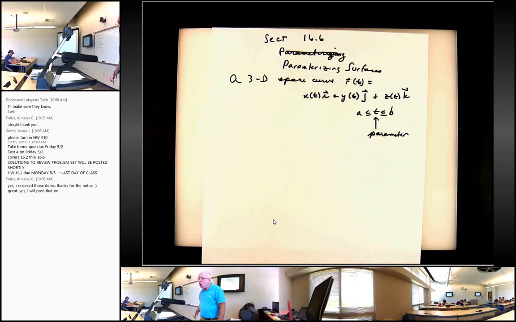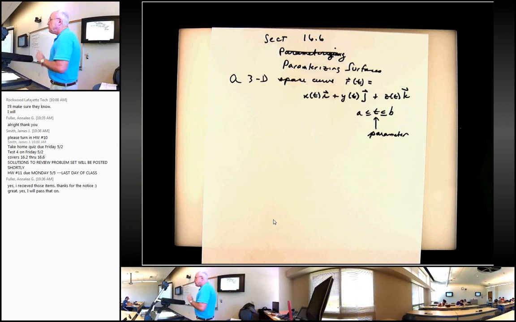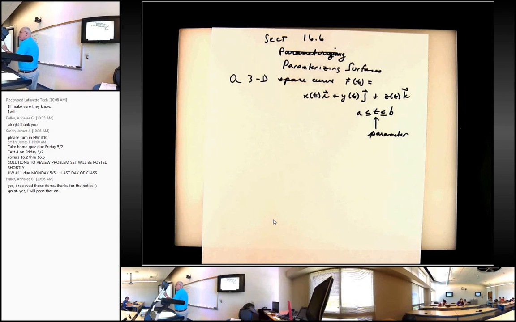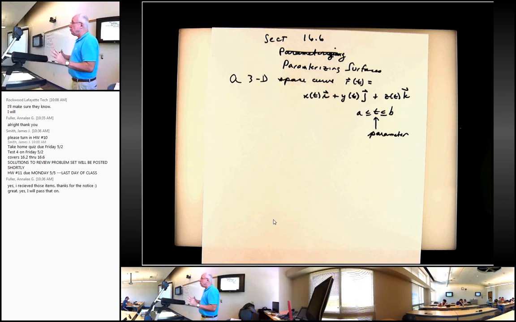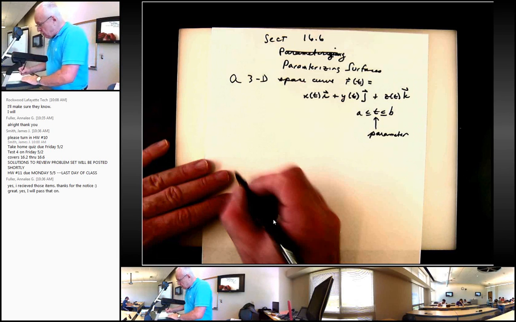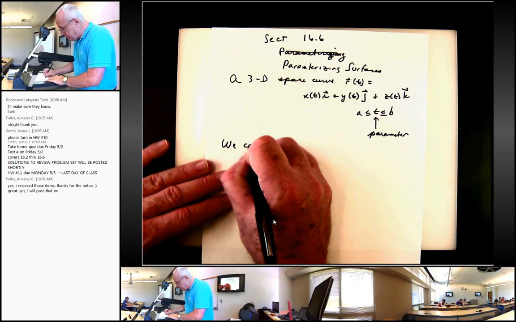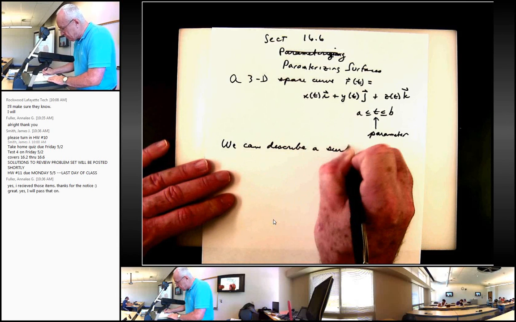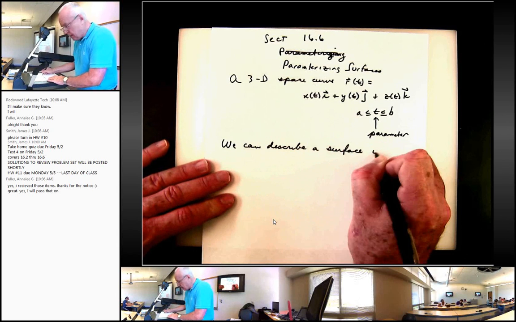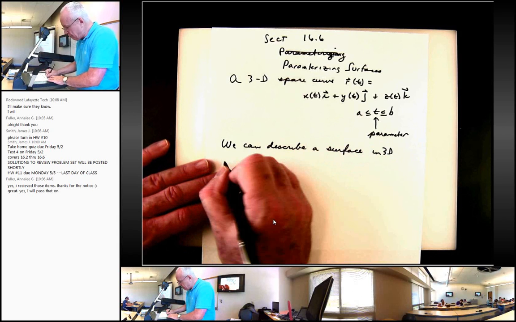Okay. We can do a similar thing to a surface. Now remember, a curve is one-dimensional. Even though it may be floating around in 3 dimensions, it's really only one-dimensional. A surface, even though it may be floating around in 3 dimensions, is 2-dimensional. So we can describe a surface in 3 dimensions by the following.